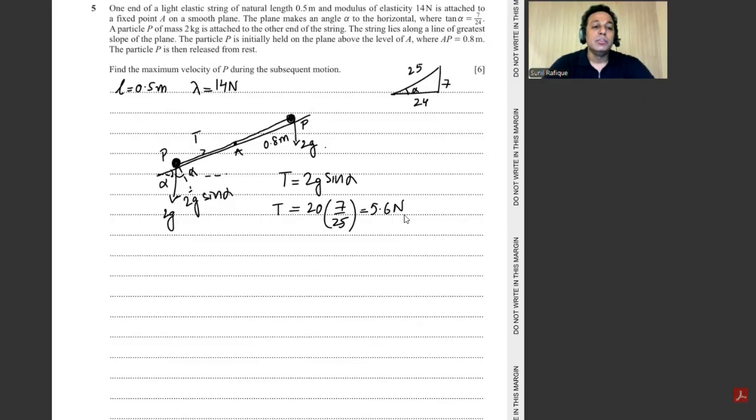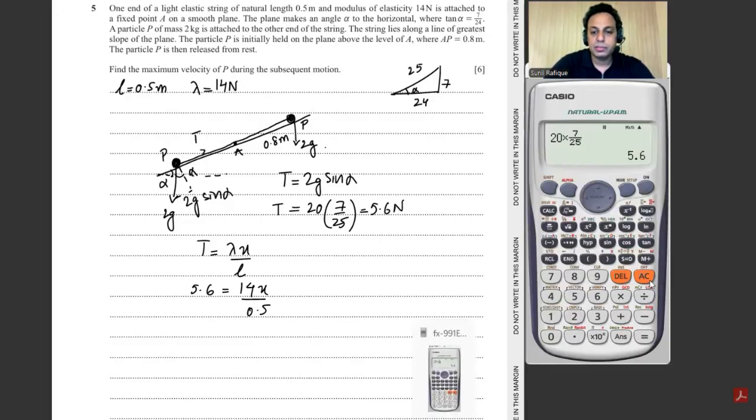So now using this tension, I can find the extension in the string when the particle is below the level of A. For that, I use the formula T equals lambda x divided by L. So tension is 5.6, the modulus of elasticity is 14, and the natural length of the string is 0.5.